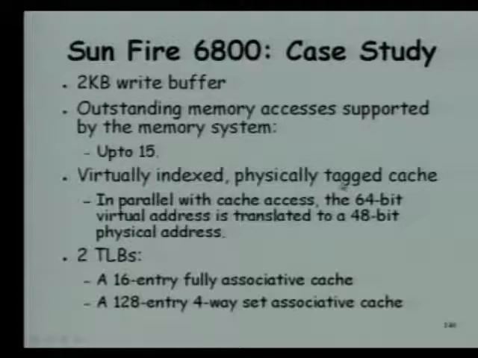Can anybody say what are the complications with a virtually indexed virtually tagged cache? Anybody remembers? We discussed about it. One is protection. How do you handle protection? Yes, but that can be easily circumvented. We had told about that. But what are the main problems here?